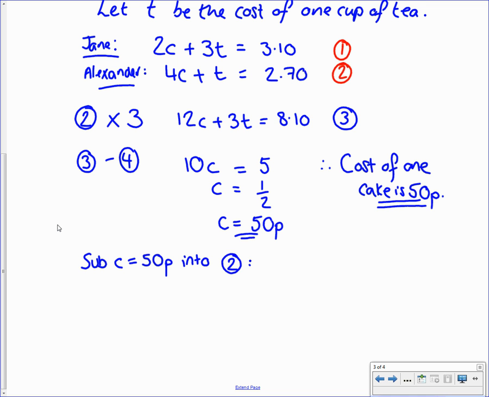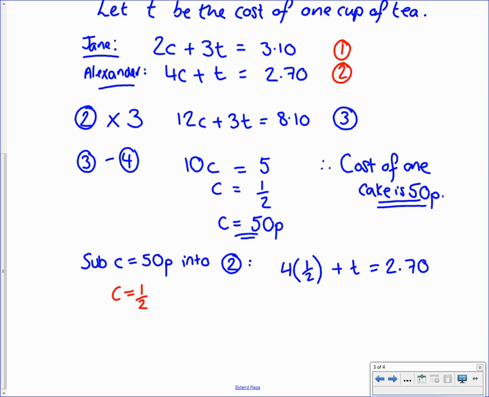We want to go back to the actual numerical value, that c equals a half. We'll take it back out of the context just now, and use this value instead of 50 pence. To put that into equation number 2, we have 4 lots of a half, plus 1t, and that comes to £2.70.